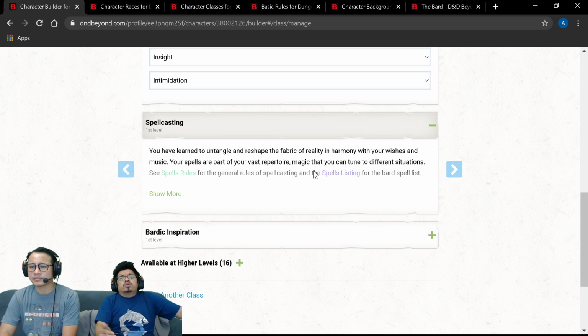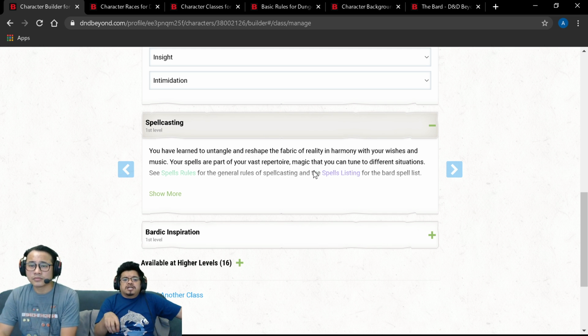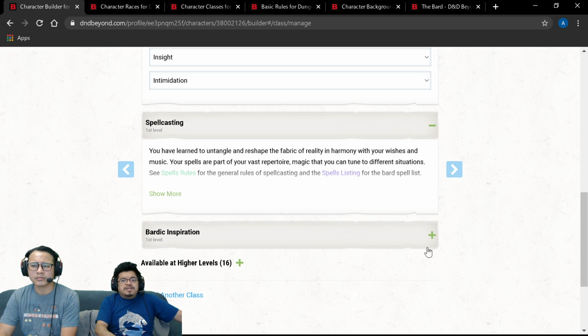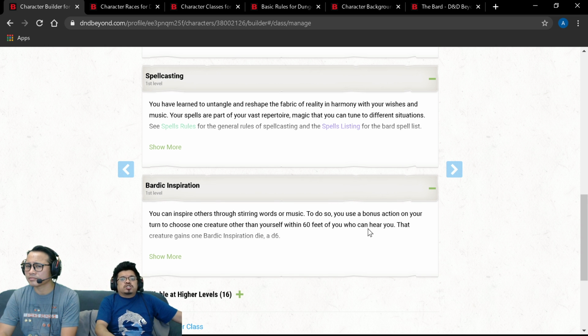Now, because we are a spellcasting class, we actually level up for spellcasting as a wizard does. Even though we don't have the same type of spells, we get a ton of them, so it's super important to keep in mind. One of the first things we're going to get as a bard that's super simple is something called Bardic Inspiration.